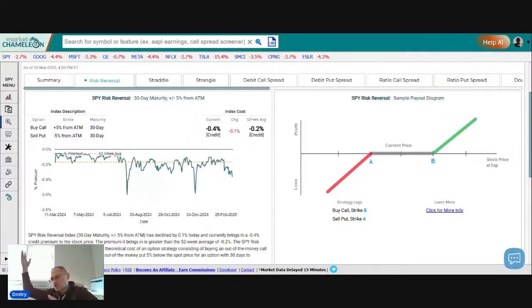Okay, so if interest rates are very high, call prices will be worth more than put prices, just because you could substitute buying a call instead of buying the stock, right? Because buying the stock involves putting up cash that you're earning interest on.